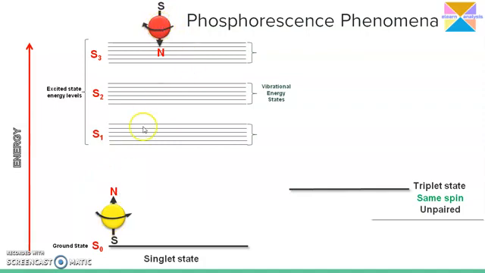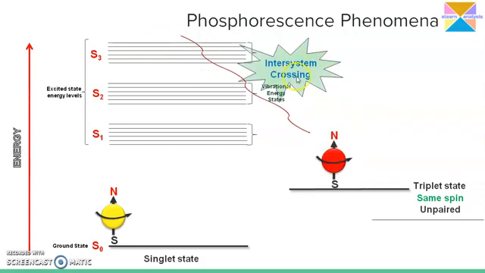Electrons were paired with each other in the singlet excited state, but it will flip. The electron will tend to flip by this process, which we call intersystem crossing. Intersystem crossing is a phenomenon wherein an excited singlet state electron enters another state, a metastable triplet state, where the spin of the electron changes.